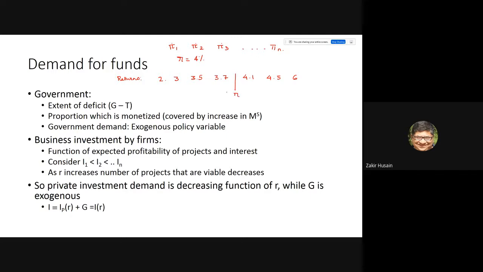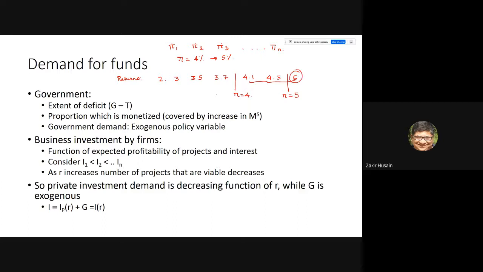Acha. Now suppose your rate of interest goes up from 4 to 5%. What will happen now? So initially you're going to invest in these 3 projects, right? If the rate of interest goes up to 5, will you invest more or less? So less. So now this is the critical level. You're going to invest only in this.